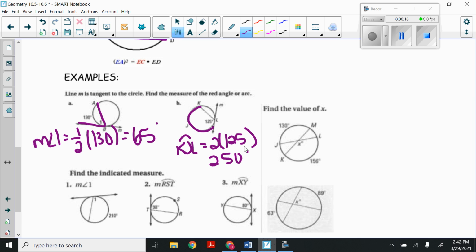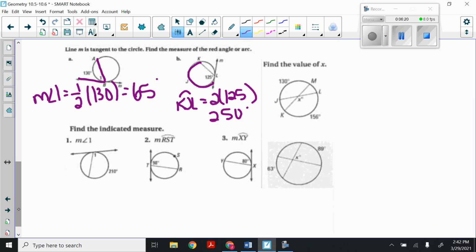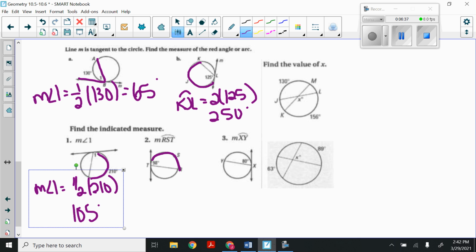So down below it, 1, 2, and 3, find the indicated measure. Find the measure of angle 1. Again, I have the arc that goes with that. So the measure of angle 1 is half 210. So this is just nice review from yesterday, 105 degrees. Find arc RST.